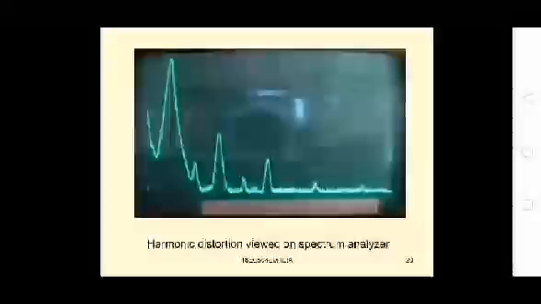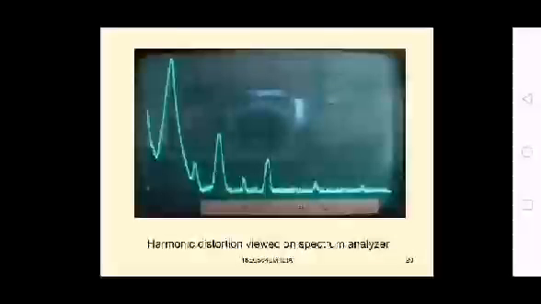Harmonic distortion viewed on the spectrum analyzer, that is on frequency versus amplitude, gives you the visual appearance of your harmonic distortion, that is the ratio of undesired component to the desired component. It will look like this on the spectrum analyzer.